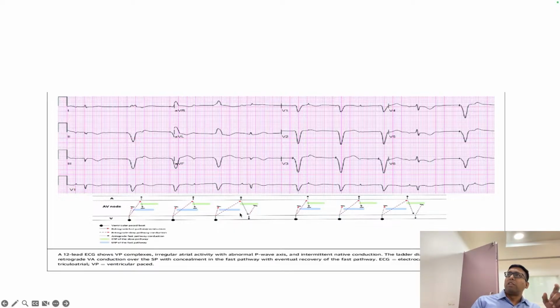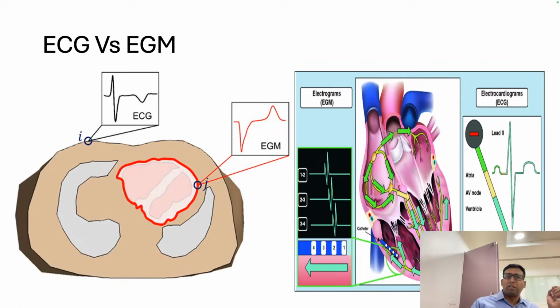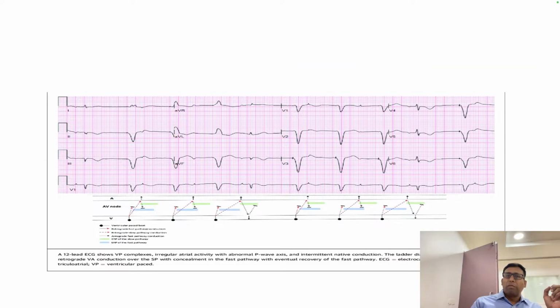So showing this ECG is only to make the point that whenever you are making any interpretation, try to make a ladder diagram in your mind and try to give some interpretation. What are the hypotheses in that? I think this has already been discussed, EGM versus ECG. So the ladder diagram is an important part of this.